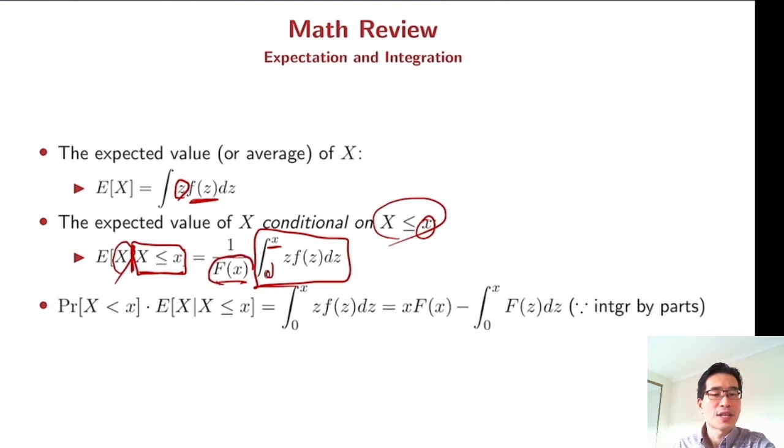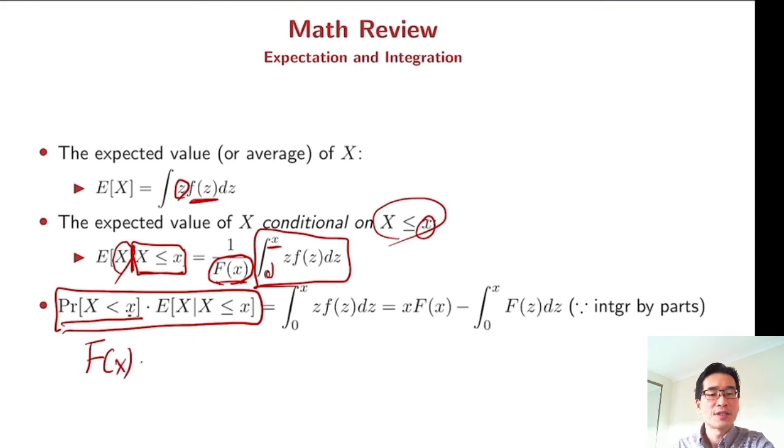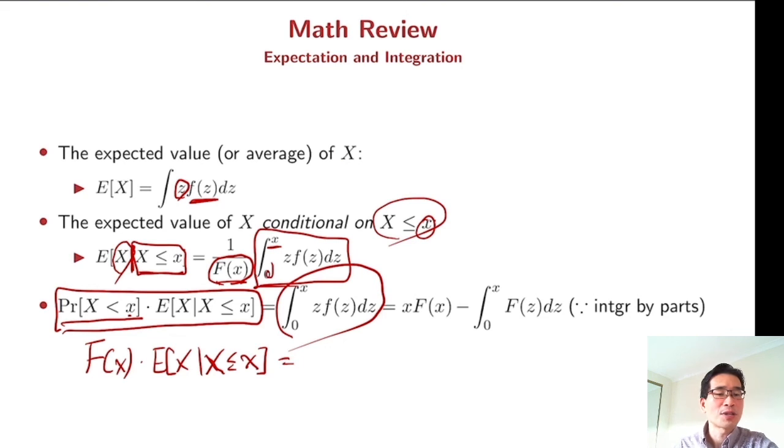We know this F of x is the probability that x is smaller than small x. So this product is F of x times E of x conditional on x smaller than a particular x. That is this integration. And again, using integration by parts, we can also represent this with this term.